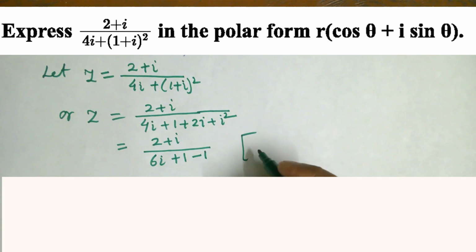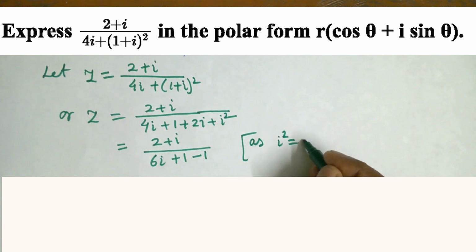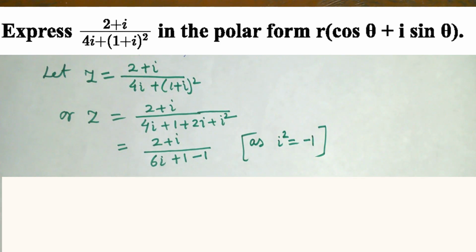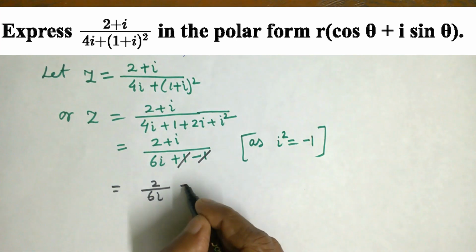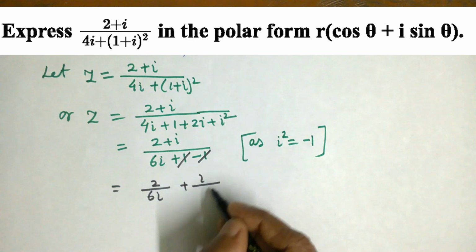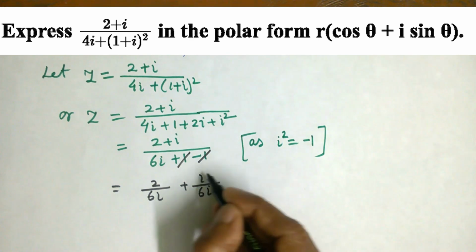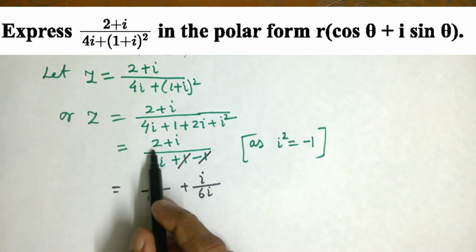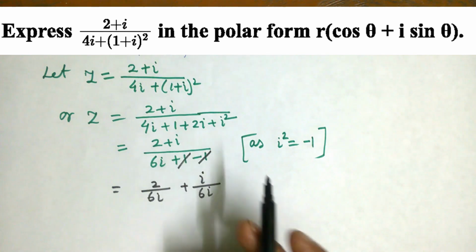Writing here in the bracket, i² is equal to minus 1. So now 1 minus 1 will get cancelled, that is equal to (2 + i)/(6i), which we break into two parts: 2/(6i) + i/(6i).